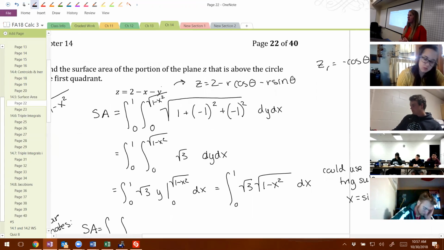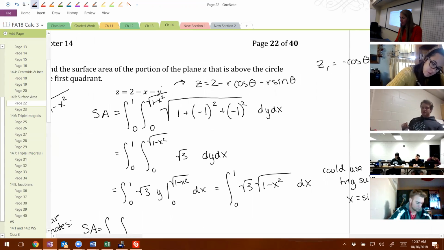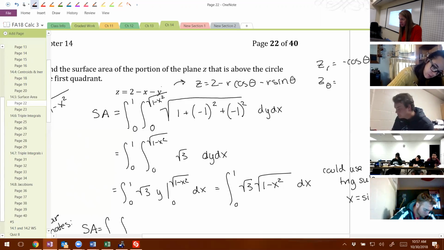Right, because if theta is just a constant, we just carry those along. And then the partial derivative with respect to theta is going to be r sine theta minus r cosine theta.